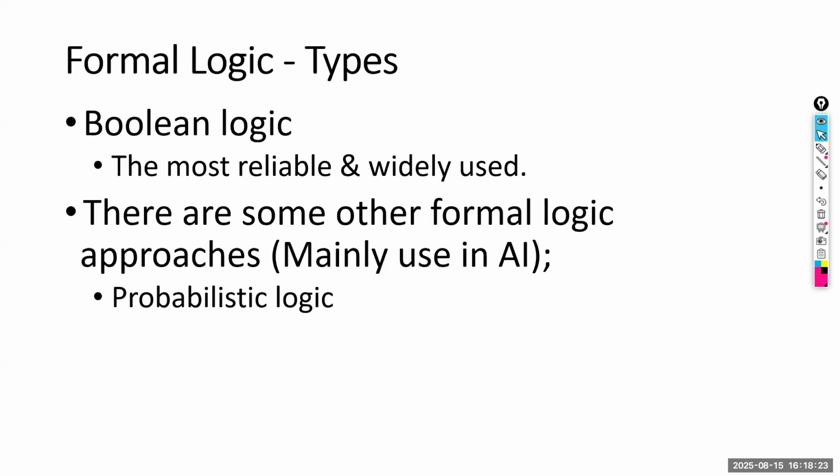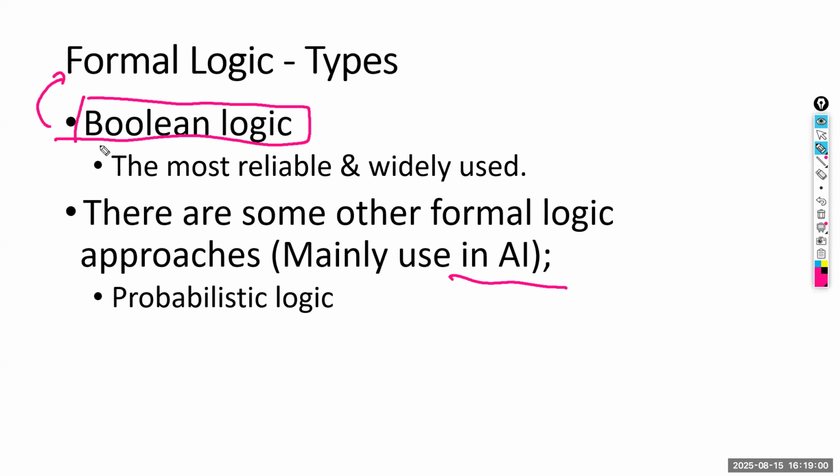Remember, we are only interested in formal logic. Formal logic also has some branches. But in your A-level ICT syllabus, we are only interested in Boolean logic. Boolean logic is not the only way of formal logic. Especially if you learn about AI, you will learn other branches of formal logic, like probabilistic logic and so on.